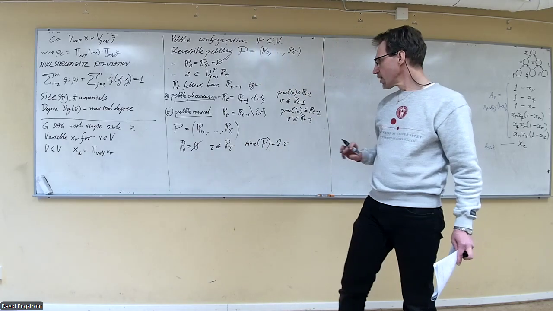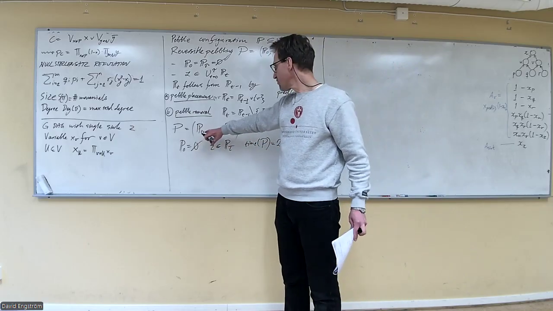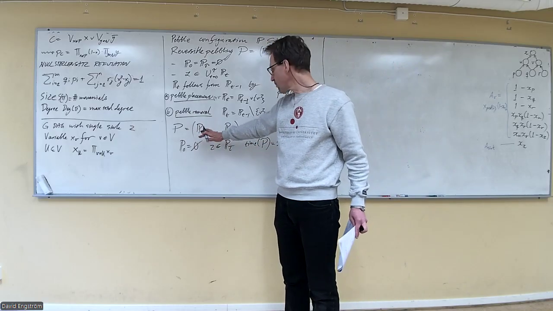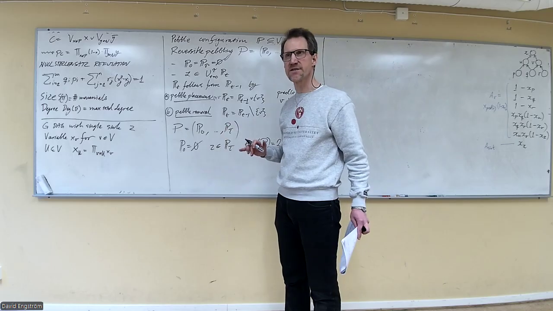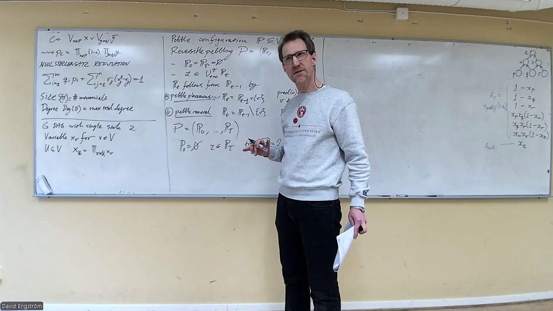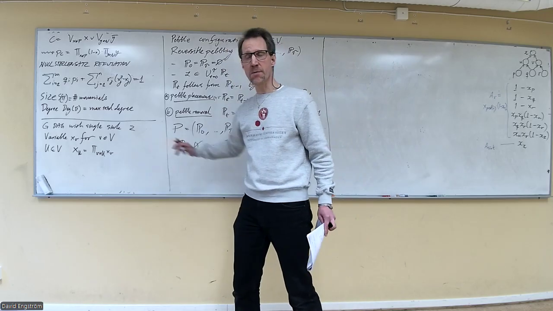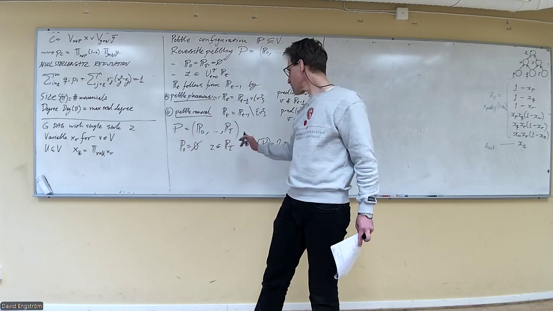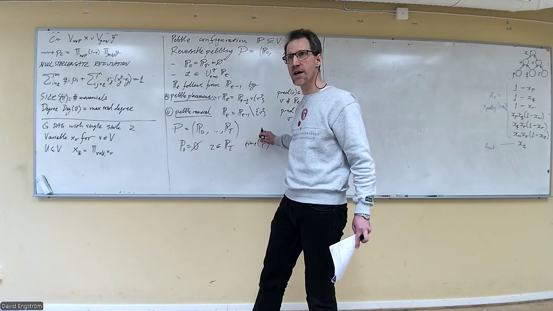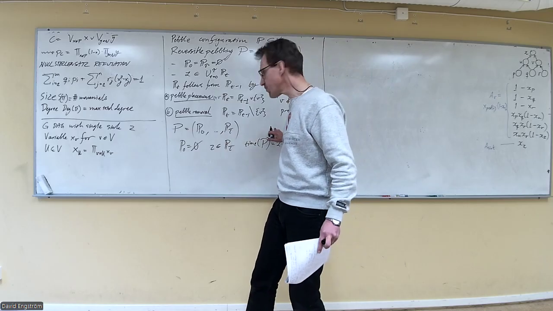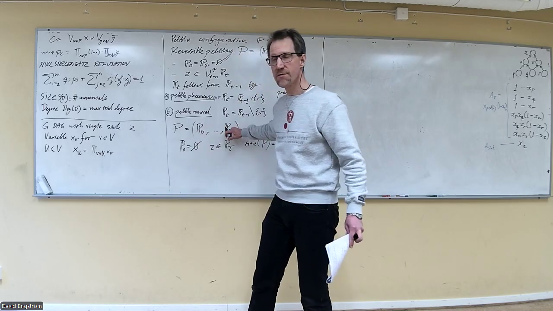Why is this? Well, if I'm giving you a reversible pebbling, I only have to tell you the pebbling up until the first time you touch Z. Because if you did an optimal pebbling, at this point you will just reverse and run the pebbling back. Because suppose you did something smarter on the other side, well, then you would run that pebbling in reverse instead of your pebbling here.